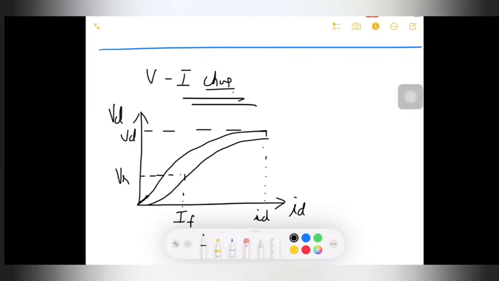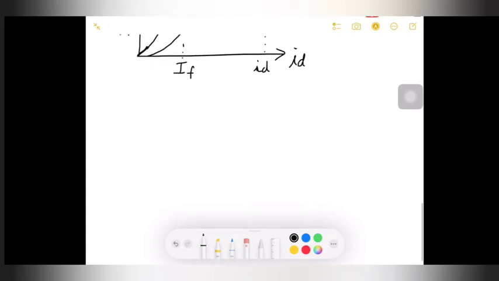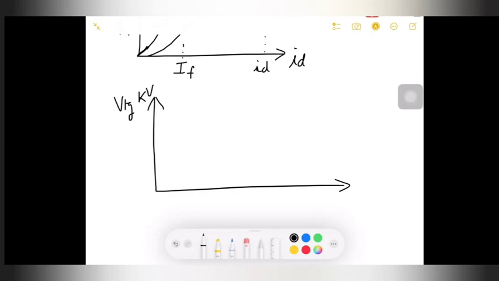So this is the VI characteristics. The surge arrestor operation is also shown in terms of a graph, with voltage in kV on the y-axis and time in microseconds.